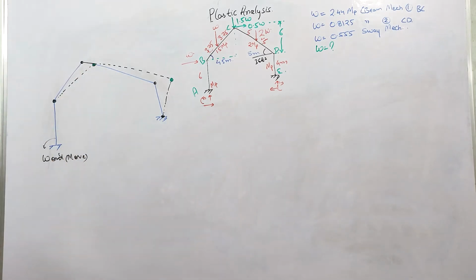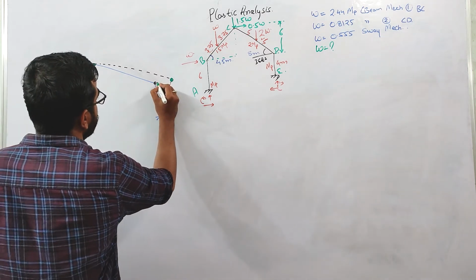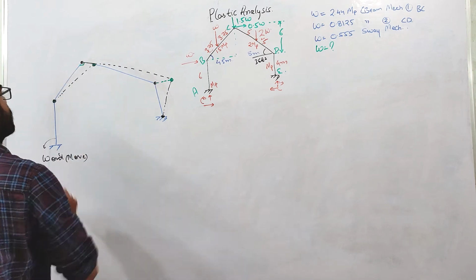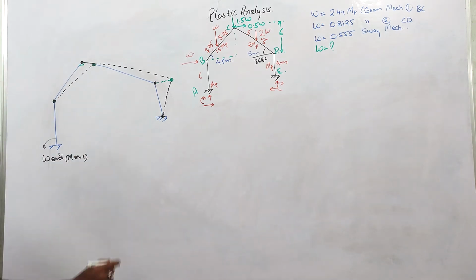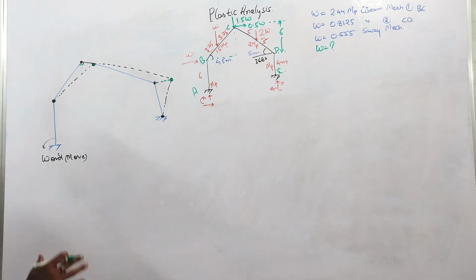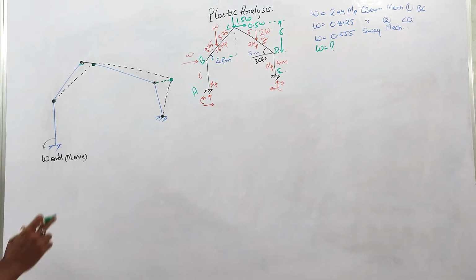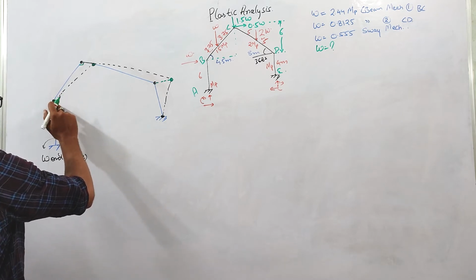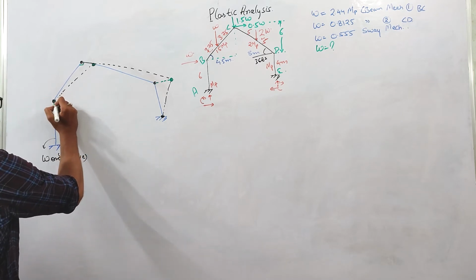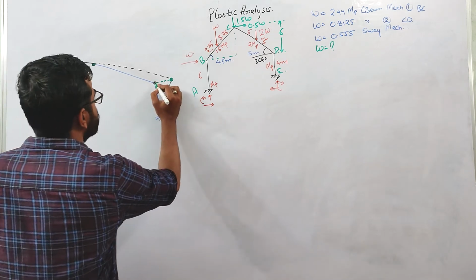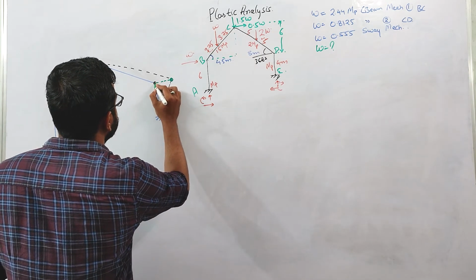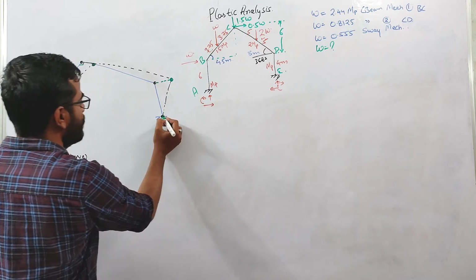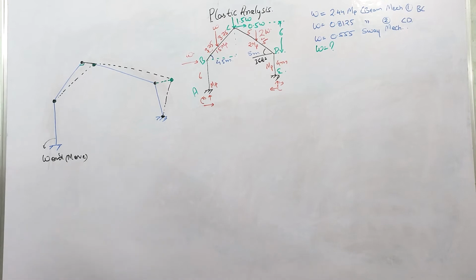Now you can see that this is perpendicular to this axis, right? This angle is basically 90 degrees. So this joint is rotating about this B point. Similarly, this joint is rotating about this plastic hinge, right?